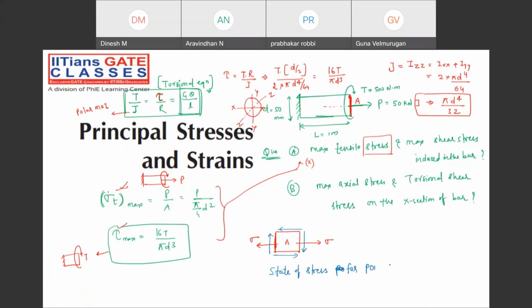Now somebody will ask me, sir, this is a tau and this is tau, so why can't you only represent it like this? You can represent it like this also, but why do you need the complementary shear above and below? Because of the couple balance.